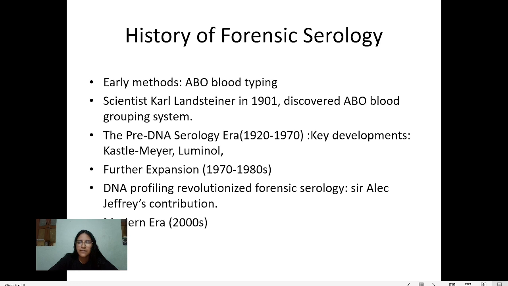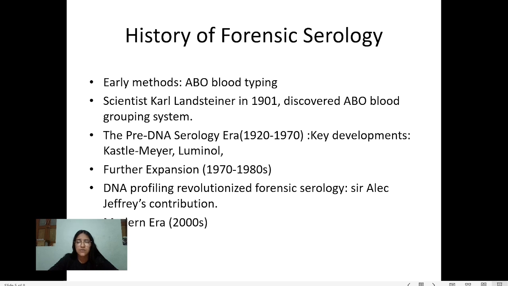Now we'll be learning about saliva detection. Saliva detection is based on enzymes like amylase, which is present in saliva. In this period, forensic serology was about finding the fluid type and blood group, but it didn't prove any individual identity.